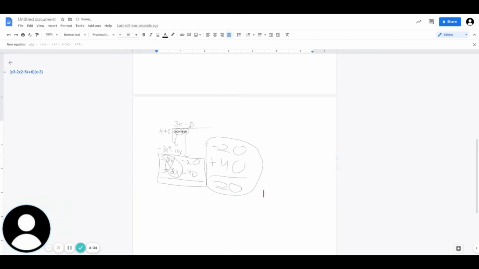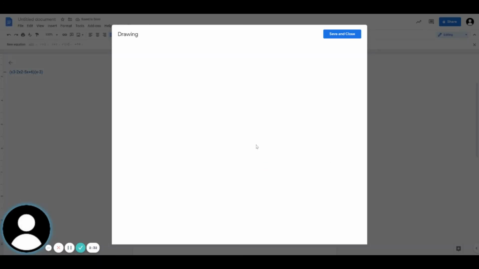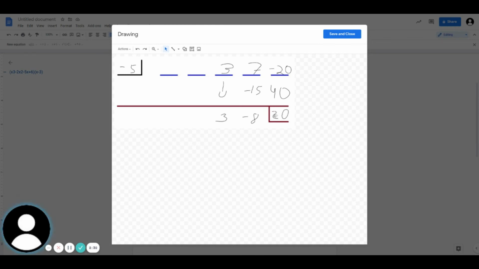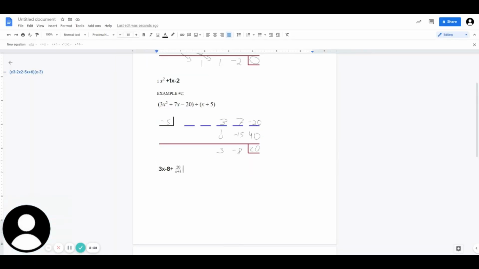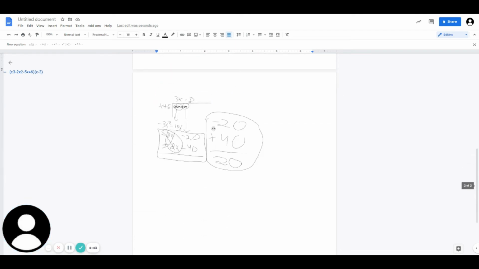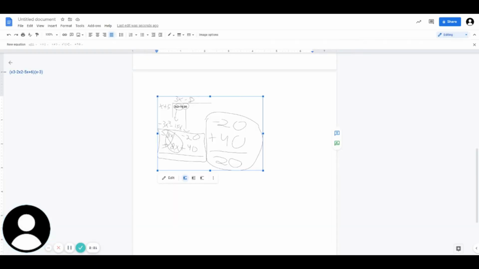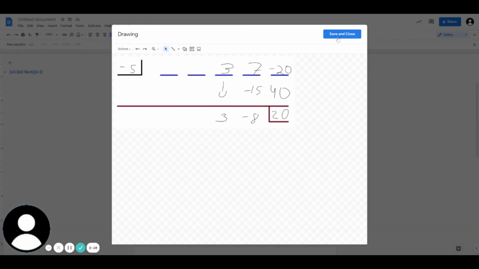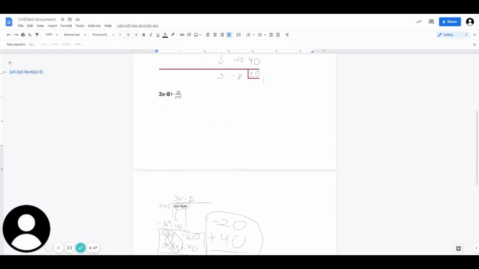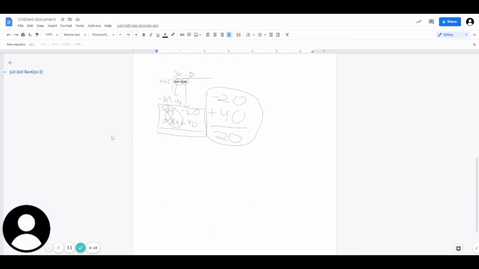Now here we got the 20, and look how interesting, our result here was also 20. So we just proved by long division that it works, that both of them are correct. So yeah, it's pretty simple, very easy. And yes, thank you.